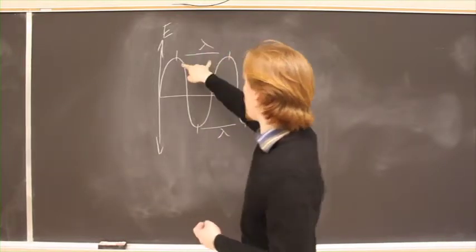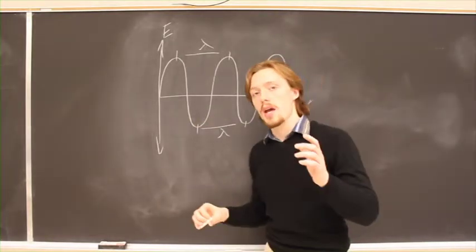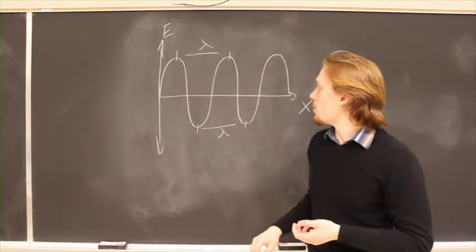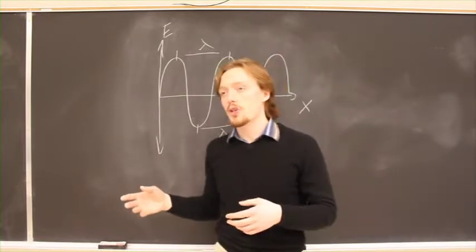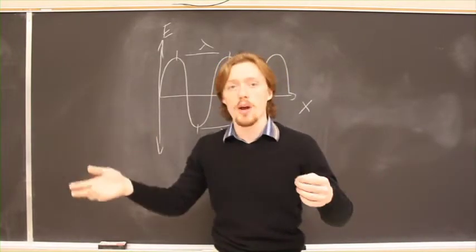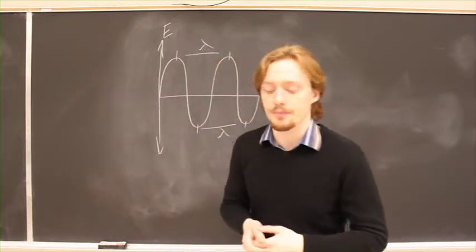So the distance between those maximums or minimums or two equal spots in between is a wavelength. And we describe light by wavelength when we refer to radio waves or the visible spectrum or microwaves or infrared waves. They're all described by their wavelength in that sense.